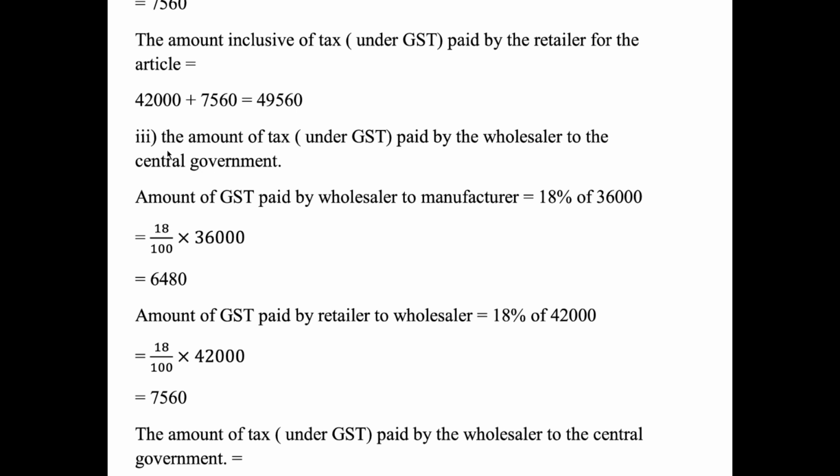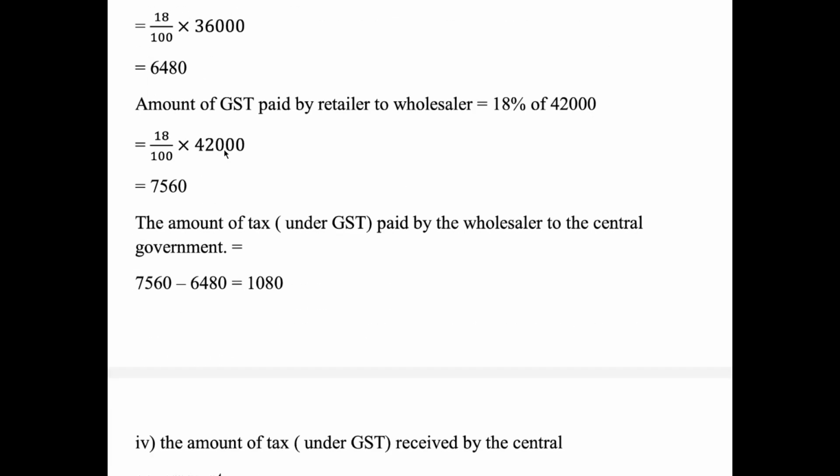The amount of tax under GST paid by the wholesaler to the central government is equal to the amount of GST paid by the retailer to the wholesaler minus the amount of GST paid by the wholesaler to the manufacturer. GST paid by the wholesaler to the manufacturer is 18% of 36,000, that comes to 6,480. GST paid by the retailer to the wholesaler is 18% of 42,000, that comes to 7560.